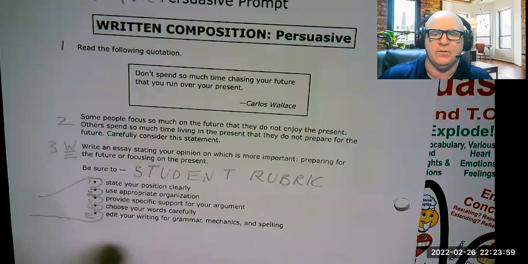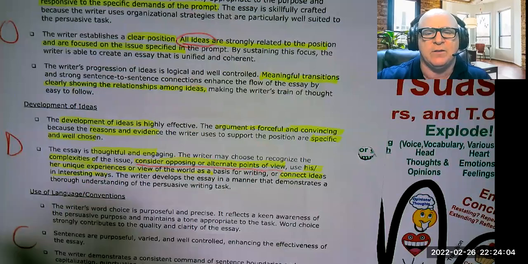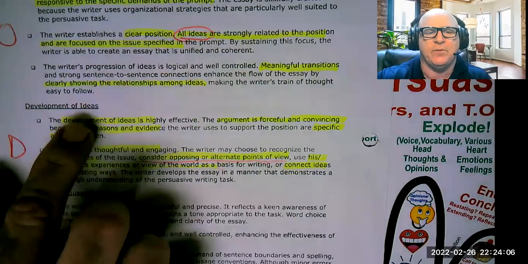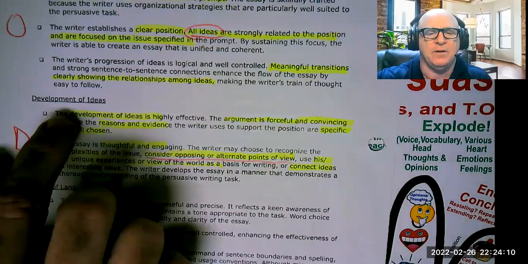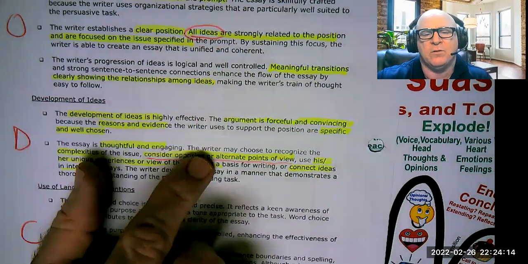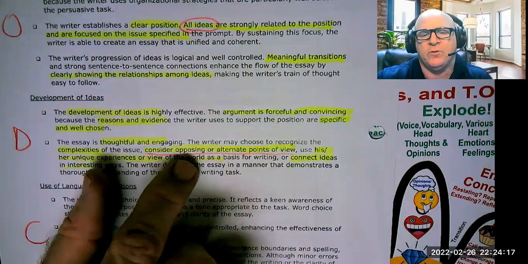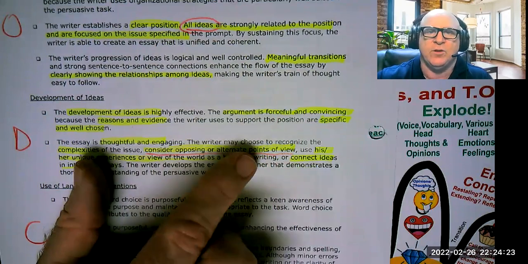All that is how to get from a 3 to a 4, and this part right here is the biggest thing that separates a 3 from a 4, because as I mentioned, the 3 adult rubric doesn't even talk about considering opposing or alternate viewpoints. Opposing and alternate means the opposite of what you choose.